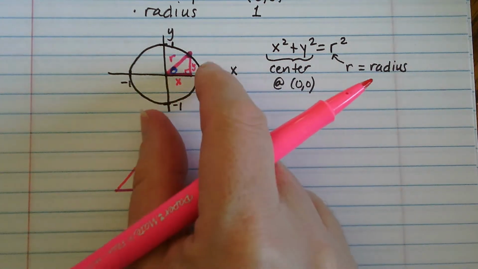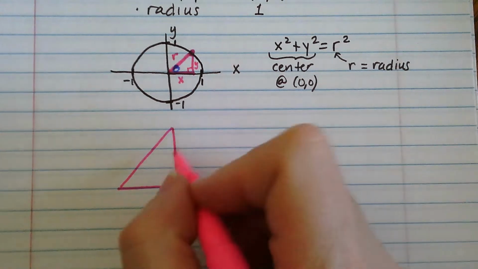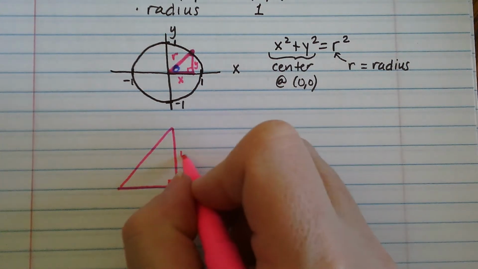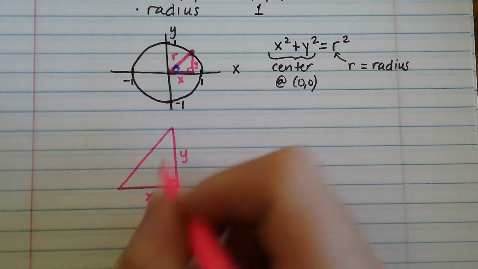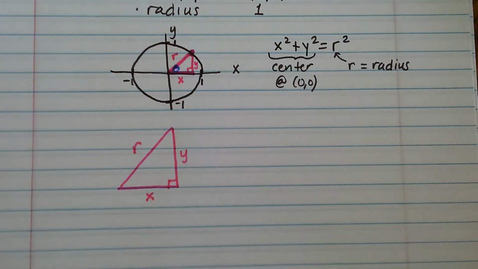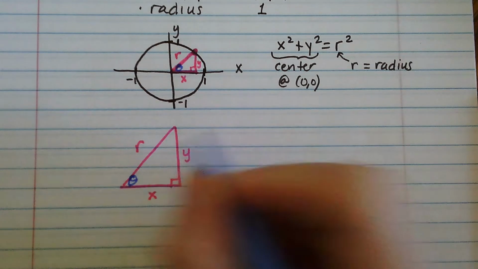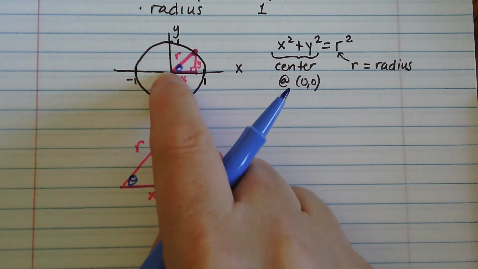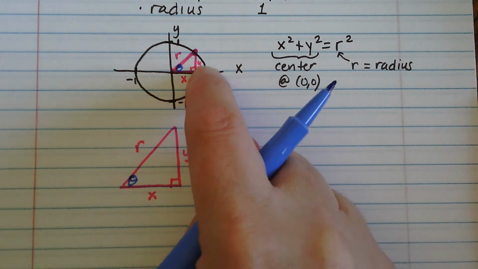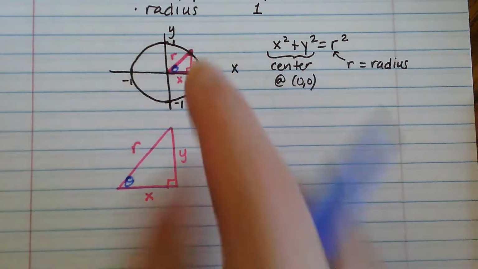So I'm taking this in context right here. Here's my right angle. This is my y. This is my x. This is my r. And theta is here. So everything looks exactly the same as in the unit circle. This again just represents x distance. This represents y distance. This is the radius.